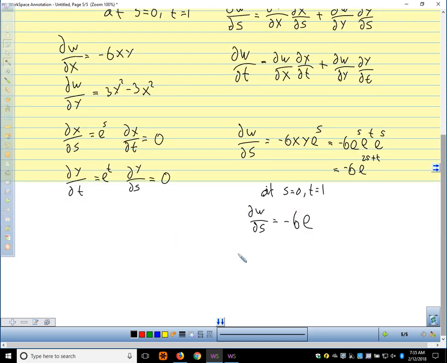And now our partial of w with respect to t. Just going to substitute these values in here, and we get 3y squared minus 3x squared, e to the t. And with our intermediate variables, we get 3e to the t times e to the 2t minus e to the 2s.